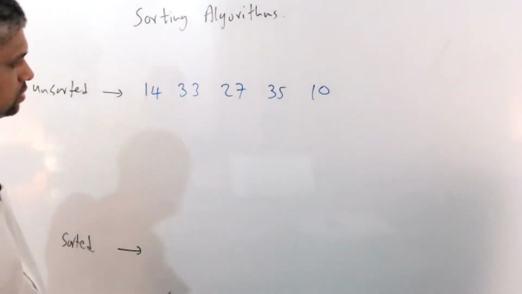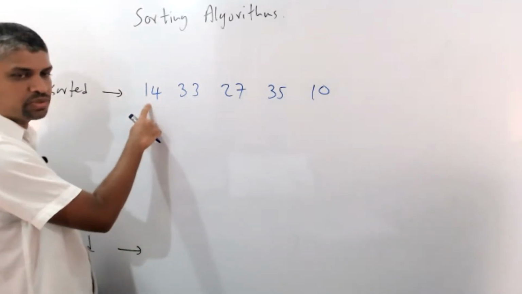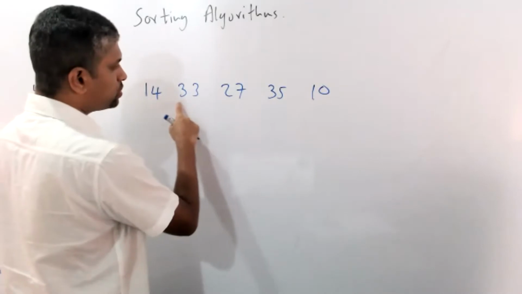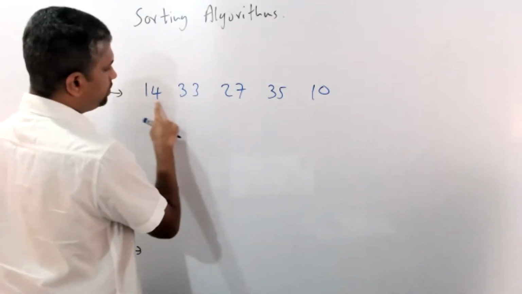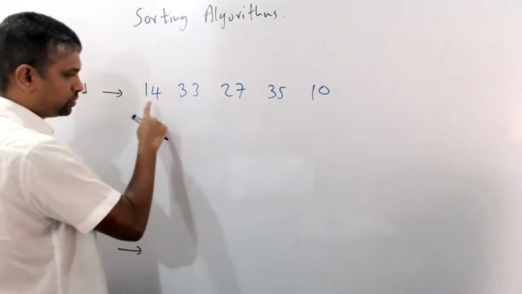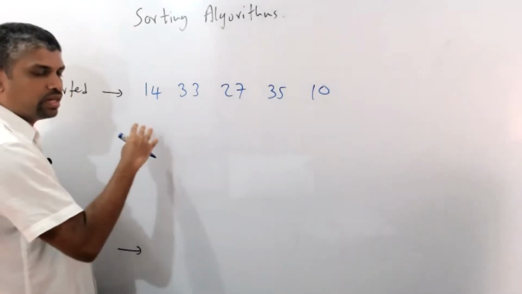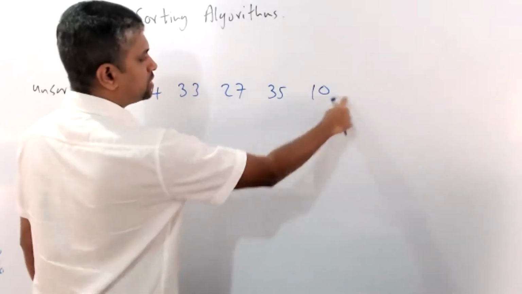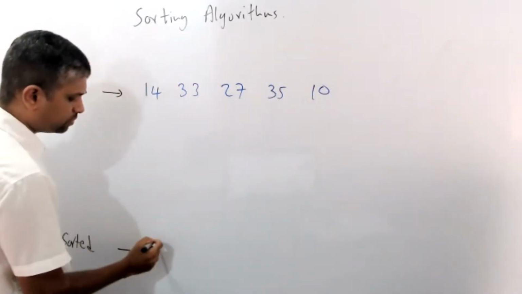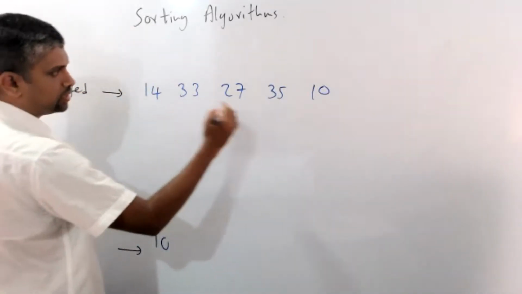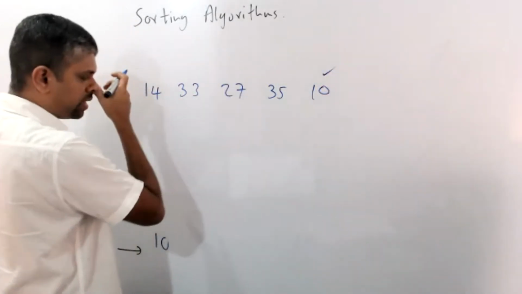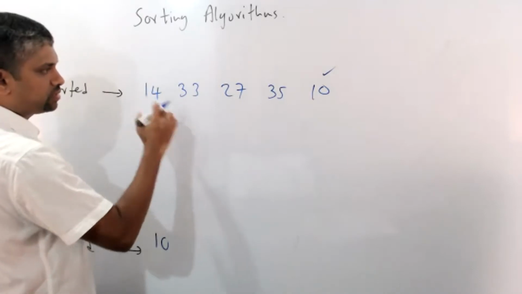in most simple situations like this, what we do is we will go through the list. Now I am going to sort according to ascending order. So we will go through the list and find the smallest one and put it here. And this is done. Then go through the remaining items and find the next lowest value.